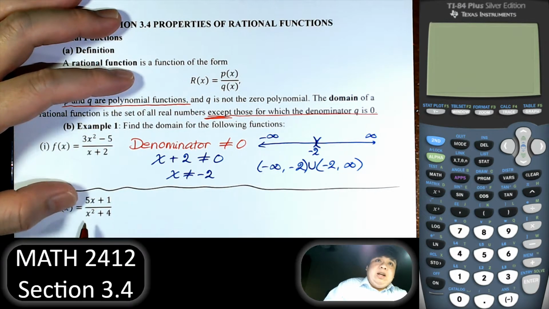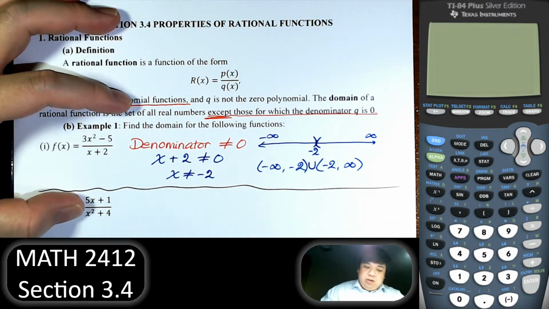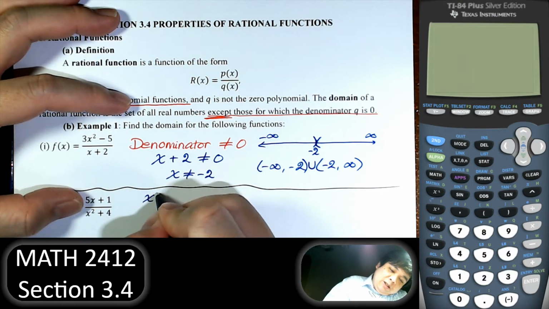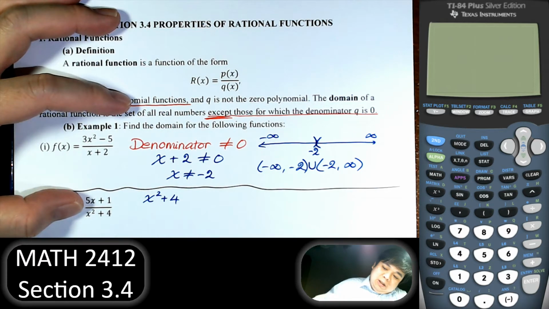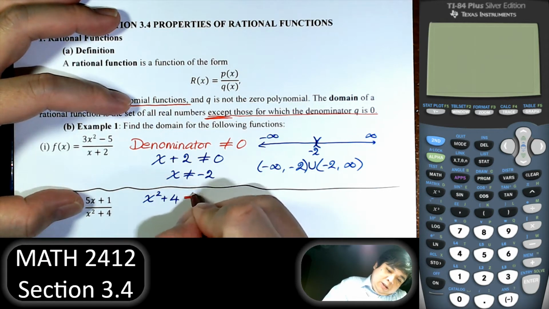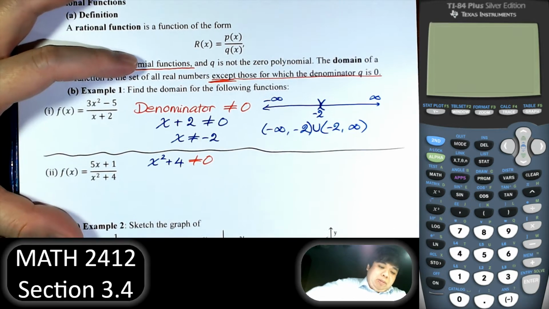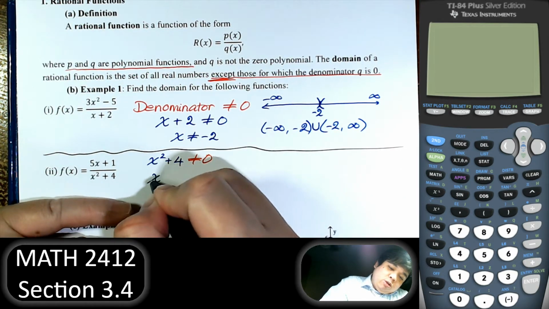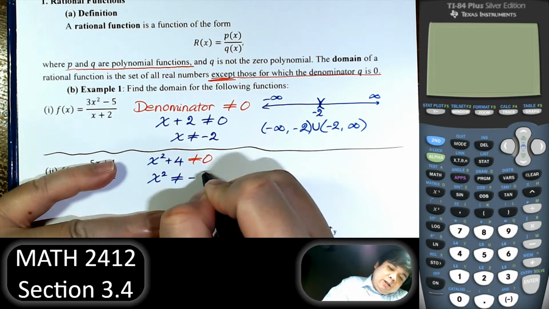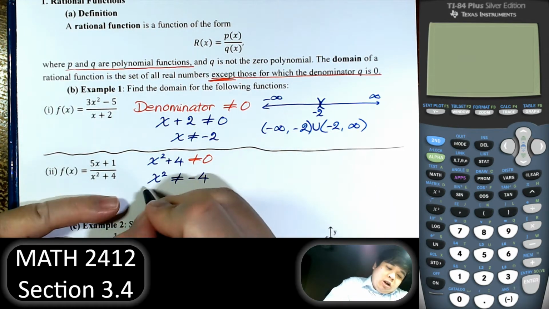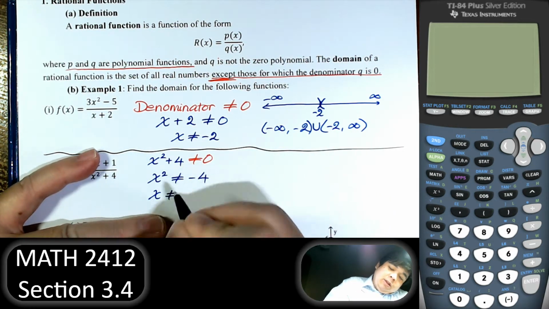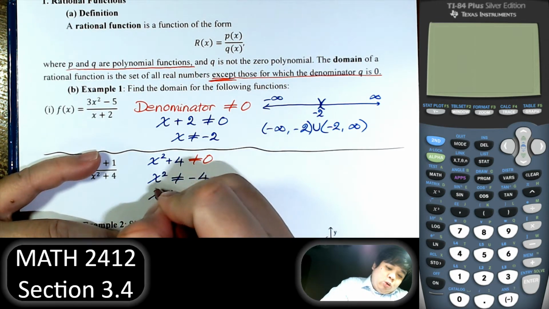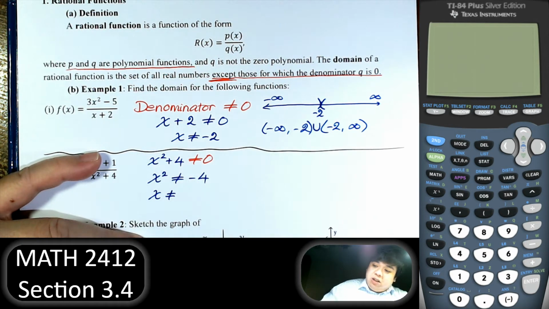Same thing here. I'll let the denominator not equal to 0, and then we just solve for x. Subtract 4 on both sides and take the square root on both sides. Don't forget that when we take the square root on both sides, there will be a plus or minus.